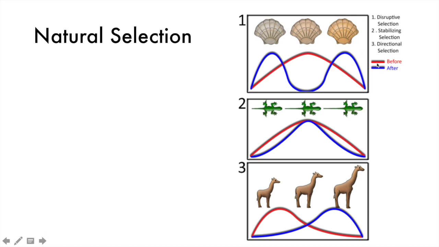So over time, after this disruptive selection event, you're not going to have as many of these tan-colored scallops. You're going to have much more of the gray and the browner, sort of, I don't know what you call that color, scallops.